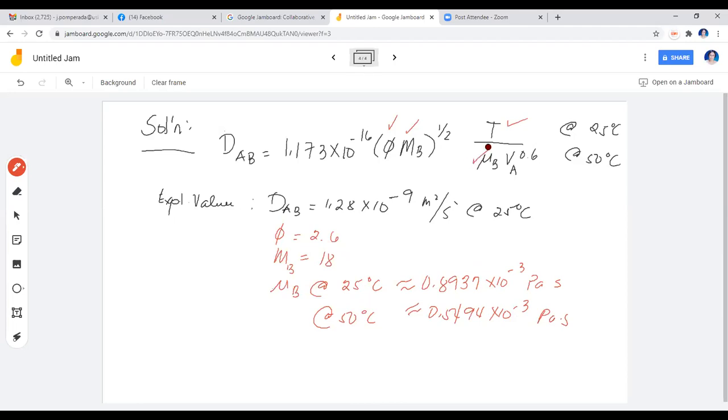And the last is your V sub A, let me check, what is that V sub A? M sub B is the molecular weight of B, mu sub B is the viscosity of B, V sub A is the solute molar volume.